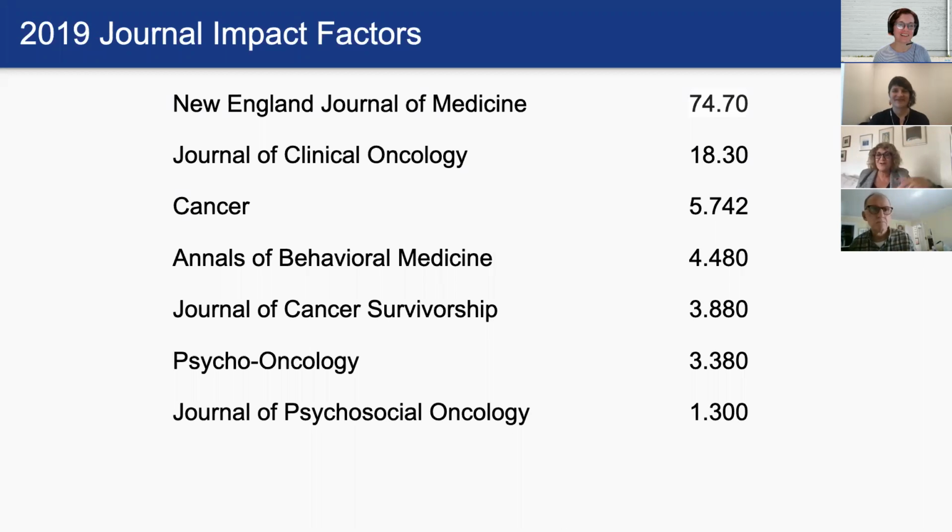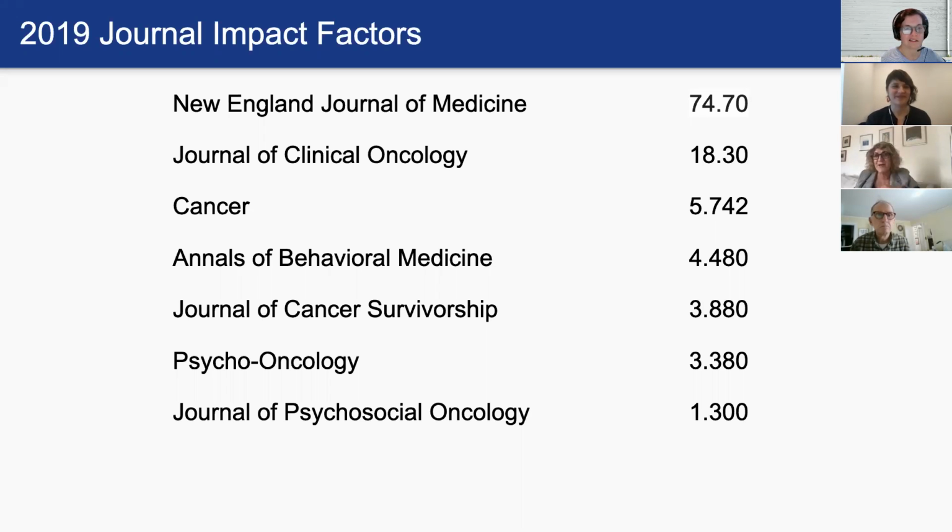Just to show you the variation in impact factors, you have to know what's normal for your discipline. This is a list I might use. I do, as I said, psychosocial research on how families cope with cancer. These are journals I might consider. Now, the gold standard is the New England Journal of Medicine. None of us are going to get close to that. This is not a linear distribution. My journal that I edit is Annals.